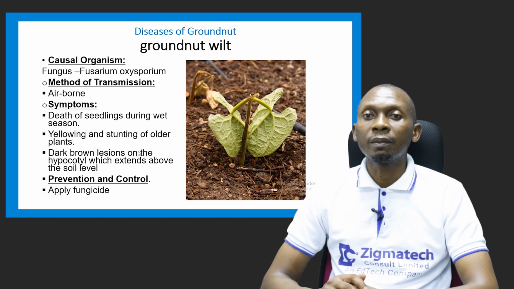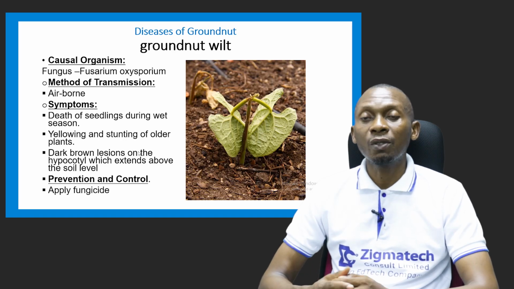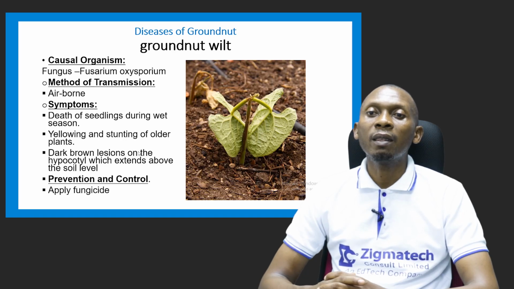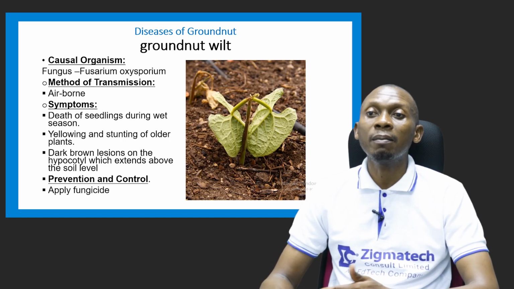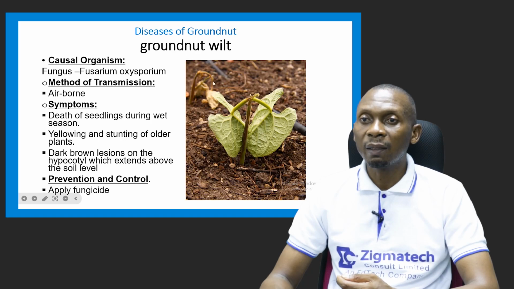Groundnut wilt is another disease, a fungal disease, Fusarium oxysporum. It is transmitted through the air, so it's an airborne disease. The symptoms here are death of seedlings during wet season. Imagine the seedlings end up dying during wet season when they should be thriving. That's a sign of groundnut wilt. You can see this seedling here is dead.